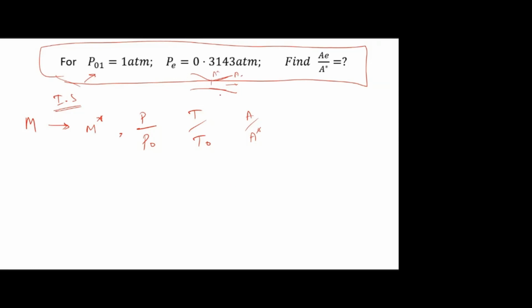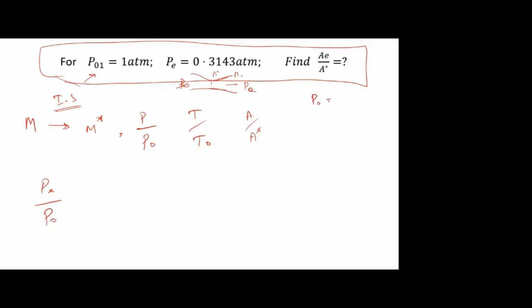For the optimized CD nozzle, settling chamber pressure is given, exit pressure is given. You have to find AE by A star. How will you find? So we find the corresponding Mach number for the given P by P naught, and then we can compare that to AE by A star.